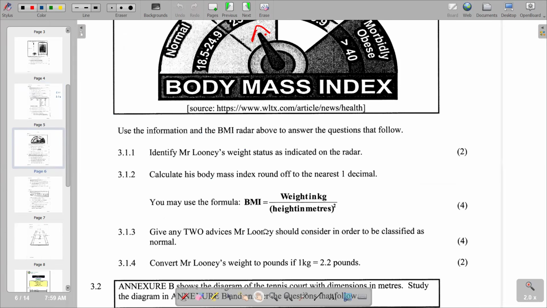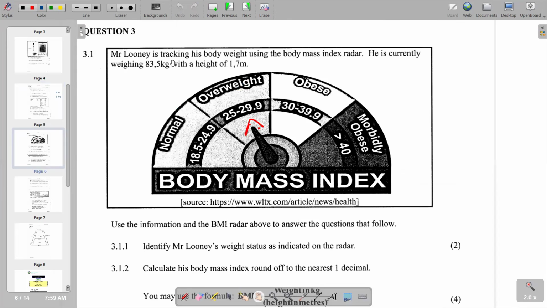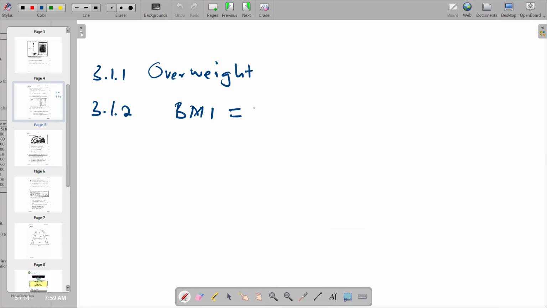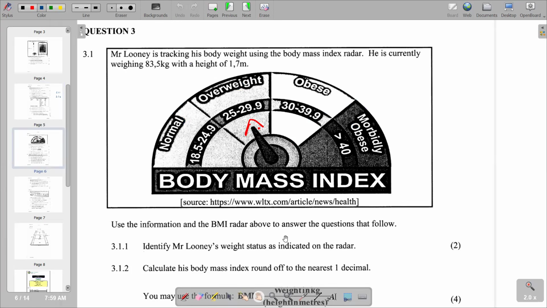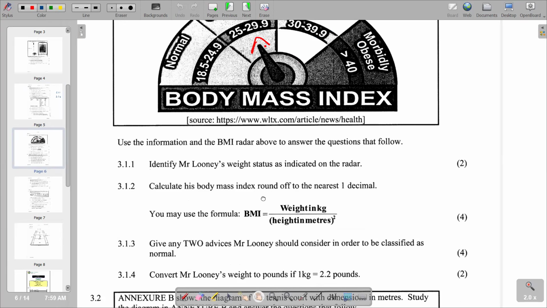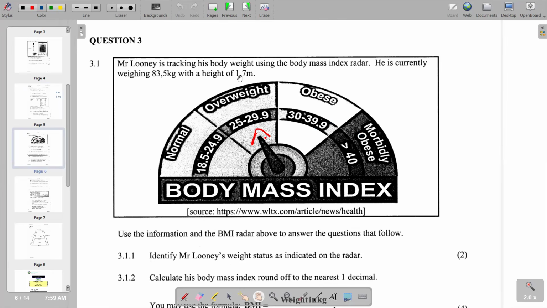You see that our weight is 83.5 kgs over, and then our denominator is height in meters squared. So the height is 1.7 meters, so it's going to be 1.7 squared.